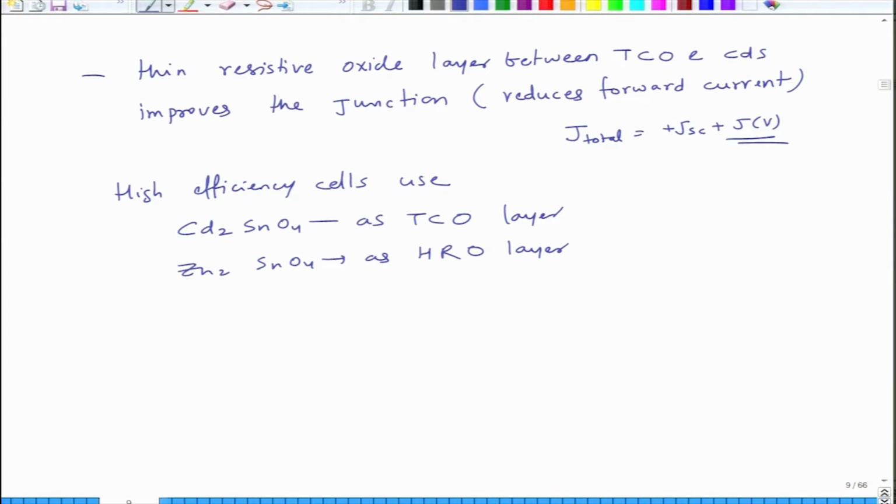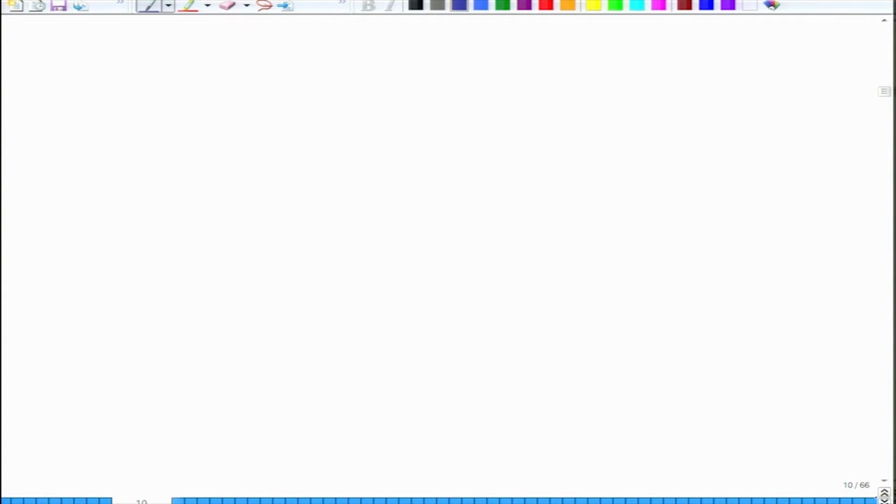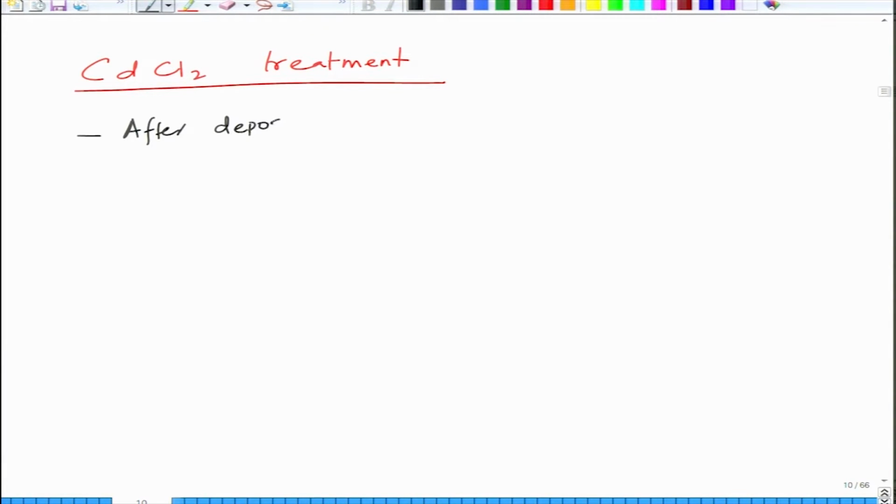The CdCl2 treatment is done by, how do you do CdCl2 treatment? So, cadmium chloride treatment is done after the deposition, so it is a post deposition treatment, okay, and it is done by few methods.